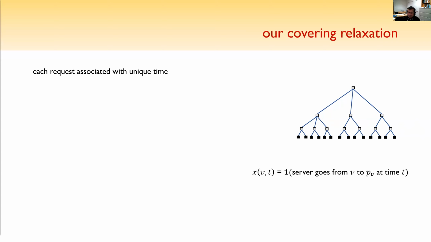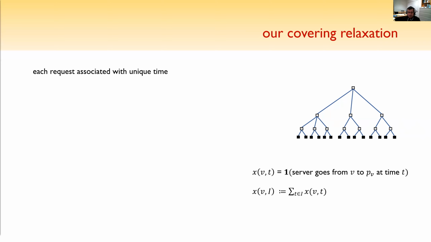And the interpretation is that this variable x_{v,t} is equal to 1 if a server goes from v to its parent p_v at time t. So if there's a server that's moving from v to its parent at time t, then this variable is set to 1, else it's set to 0. That's the interpretation for variables x_{v,t}.